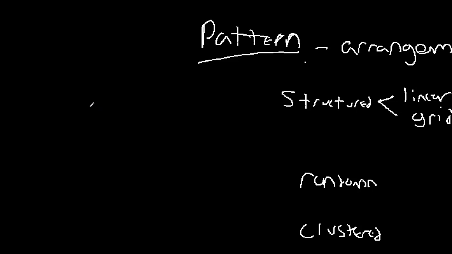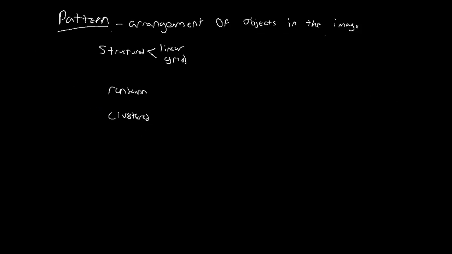Maybe it's clustered, where you're trying to grow trees and you grow them in little groups. More likely, with trees, we're going to look at an example in a second, they would be in a linear fashion, kind of like corn rows, where you have farm fields with just lines. There's a linear structure that has a directionality to it.